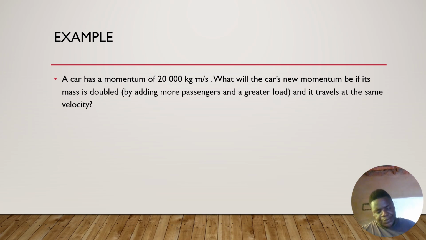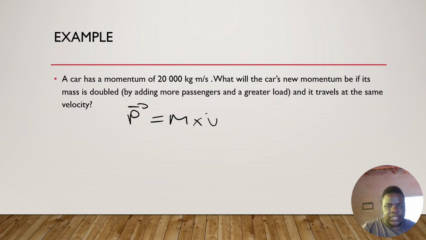Okay. According to momentum, earlier we said momentum is equal to mass multiplied by velocity, meaning that momentum is directly proportional to mass. And here in our example, the velocity didn't change.